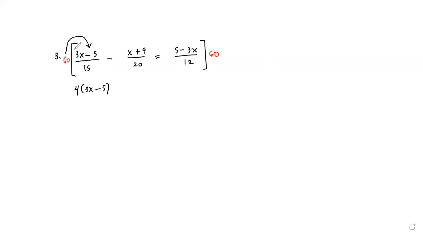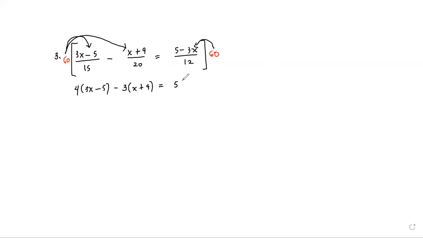And then the LCD 60 will be multiplied with the second fraction. So 60 divided by 20 is 3, but there's a negative sign here, so it should be minus 3. And then we multiply it to the numerator, which is x plus 9. And then the right side will be multiplied by 60. So 60 divided by 12 is 5.